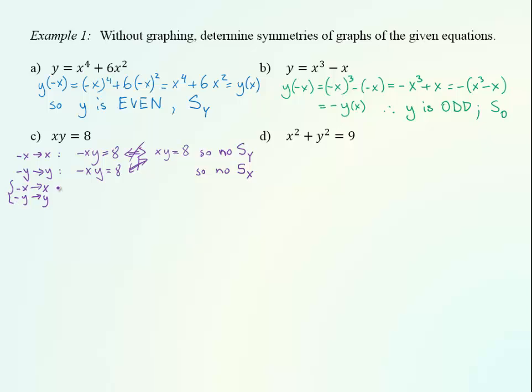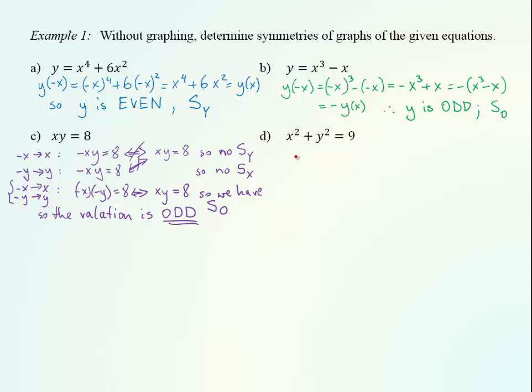Both of these replacements. So now, yes, we have negative x times negative y, which is 8, and yes, this is equivalent to the original equation xy equals 8. So yes, we have symmetry in the origin. That means that the relation is odd.